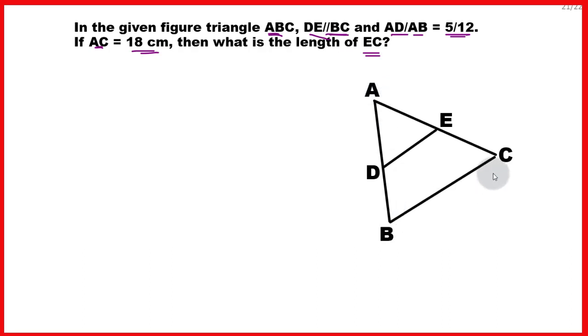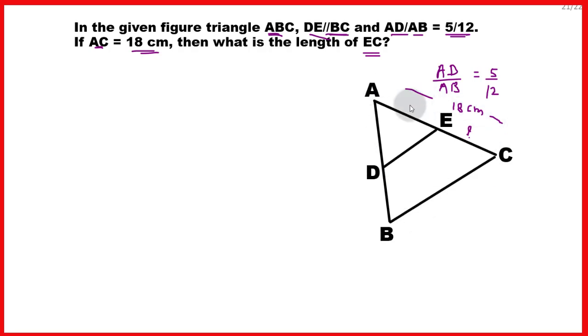Friends, it is given that ABC is a triangle and this DE is parallel to BC, and it is given that AD upon AB is equal to 5 by 12. It is also given that AC, this total length, is given as 18 centimeter, and we have to find EC.